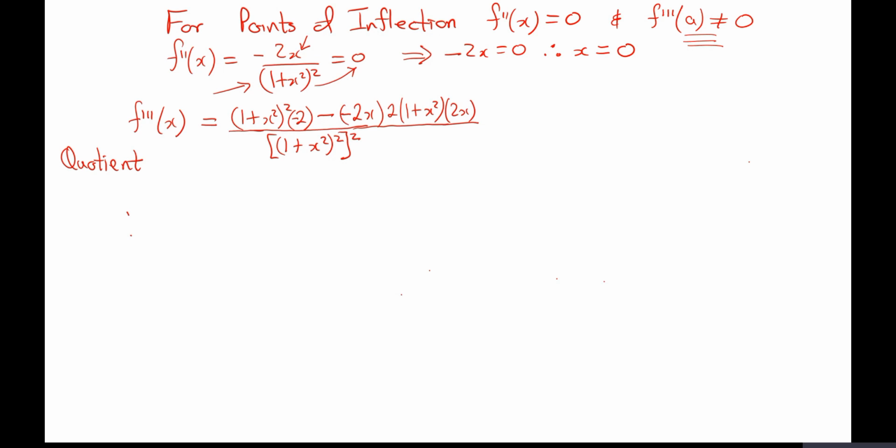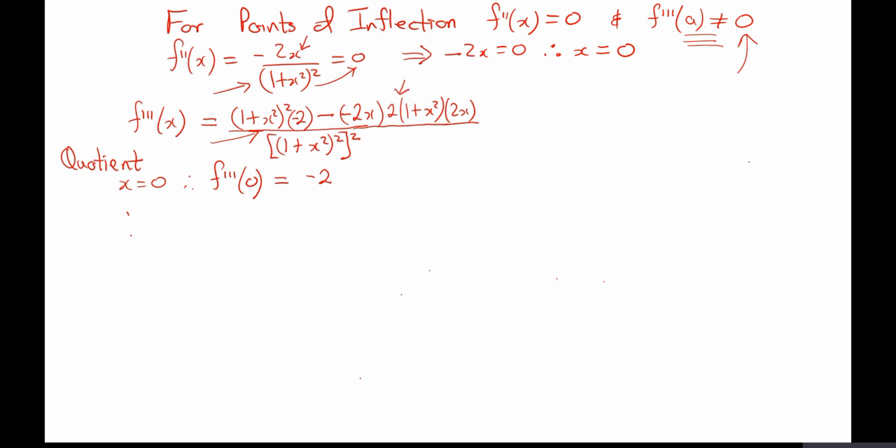But we don't need to simplify, because we only want to establish whether the third derivative at x equal to 0 is going to be any value except 0. So taking our third derivative at 0, every x value over there, just put in 0. So that will become 0, that's all squared. 1 times minus 2 gives me minus 2.